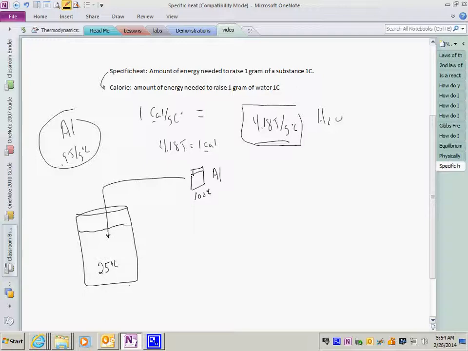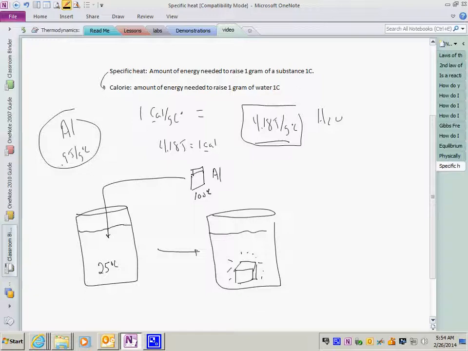You drop it in here, and the block is in here, and it's hot, so it starts radiating energy to its surroundings. A few key points you want to understand: energy will transfer from the block to the water until the temperatures are equal.